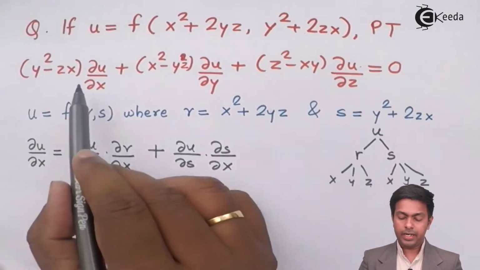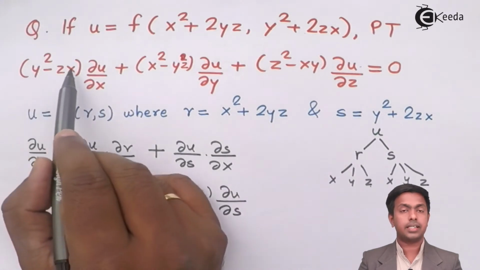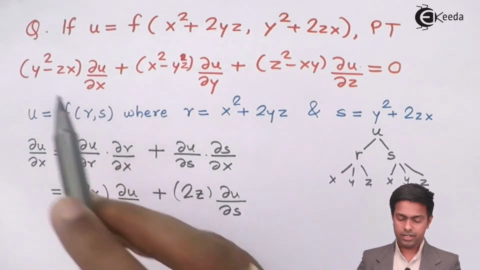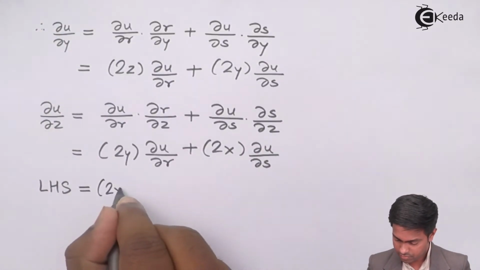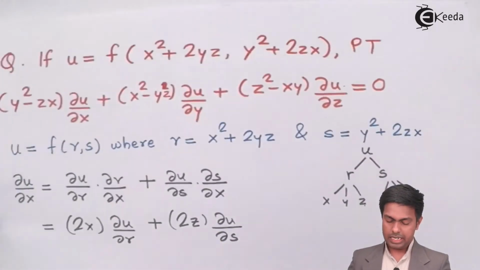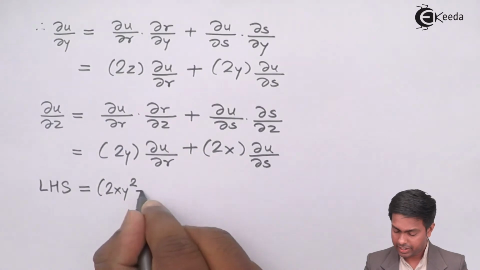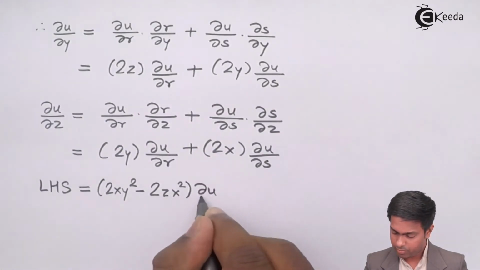we will multiply this del u by del x with y square minus zx, and that is why this 2x into y square is 2xy square. Next 2x into negative zx is negative 2zx square into del u by del r.